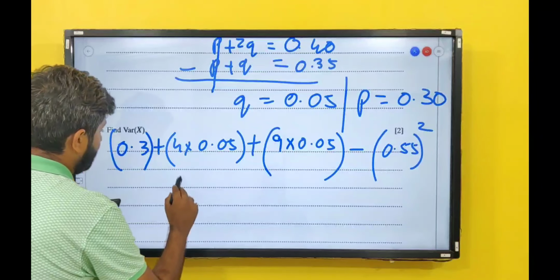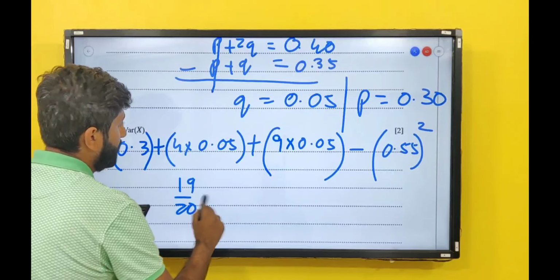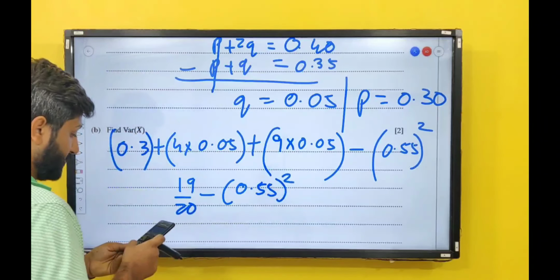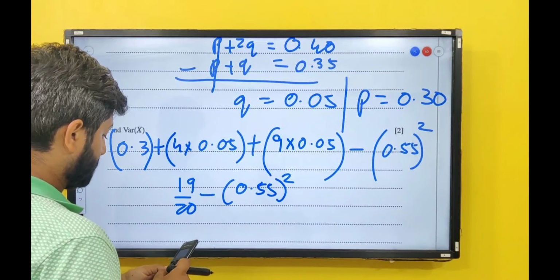This is 19 upon 20 minus 0.55 square. So my variance is 0.6475, or you can write 0.648 as your answer. Let's move to the next question.